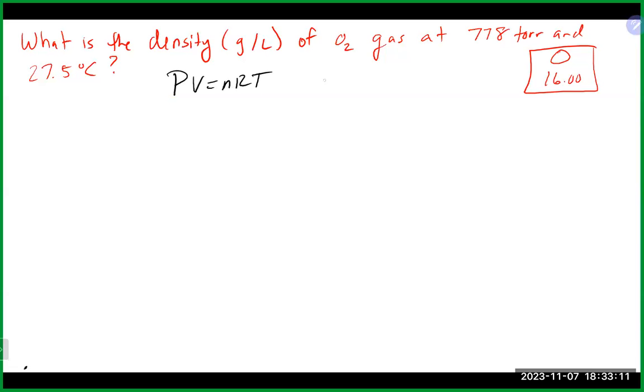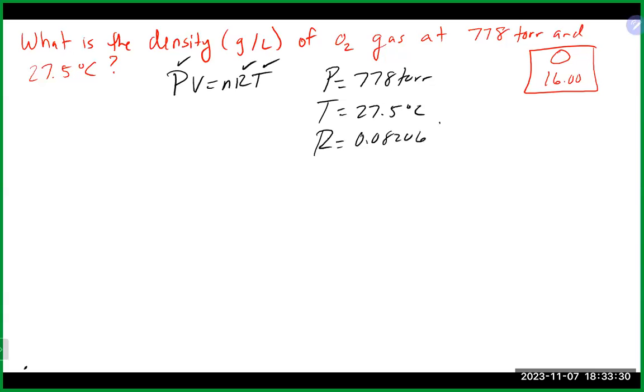In this case, we have a pressure that is 778 torr. We do have a temperature that is 27.5 degrees Celsius, and we always have R available to us. We do need to do some conversions on these, especially if we're going to use the ideal gas law, or if you're going to use that previous equation as well, because it's really based off of the ideal gas law.